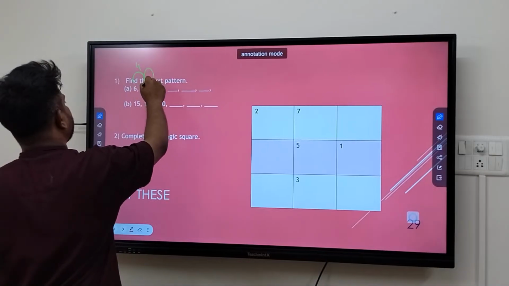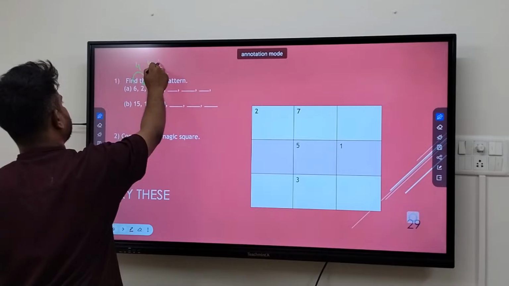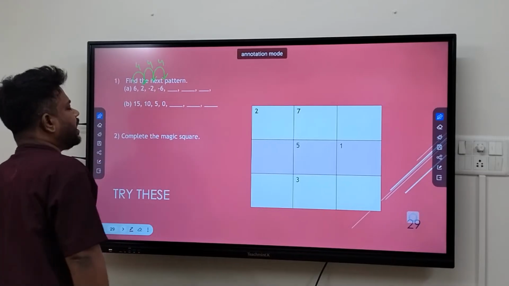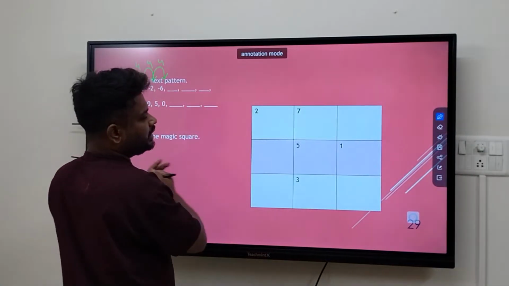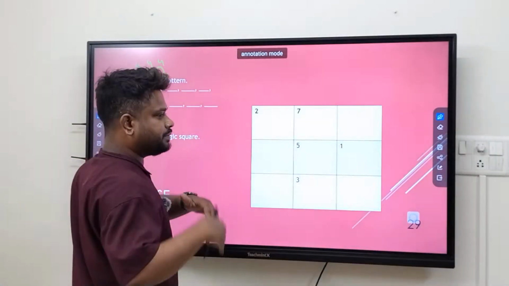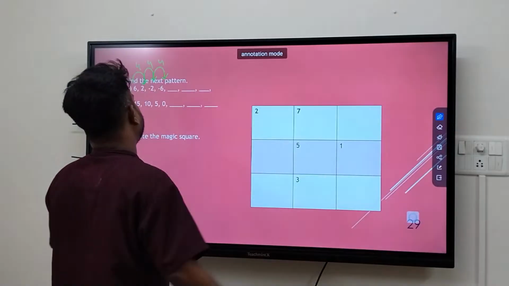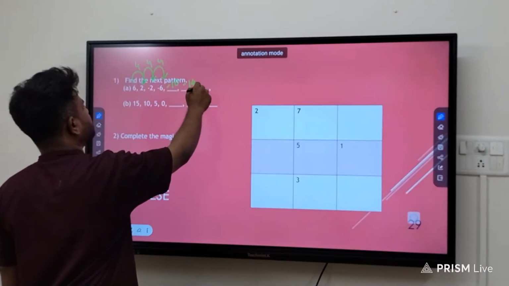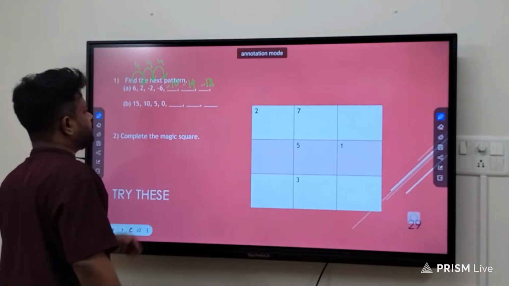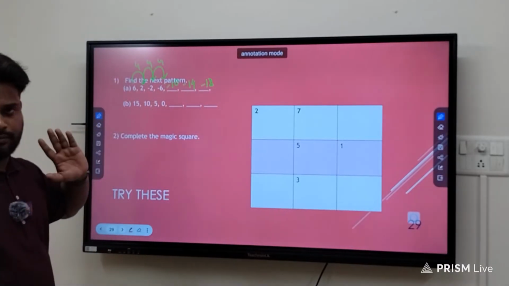From 2 to -2 the answer is 4. From -2 to -6 the answer is also 4. So from -6, if we go 4 steps more on the number line, the answer will be -10, then -14, and -18. So this will be the completion of this pattern.